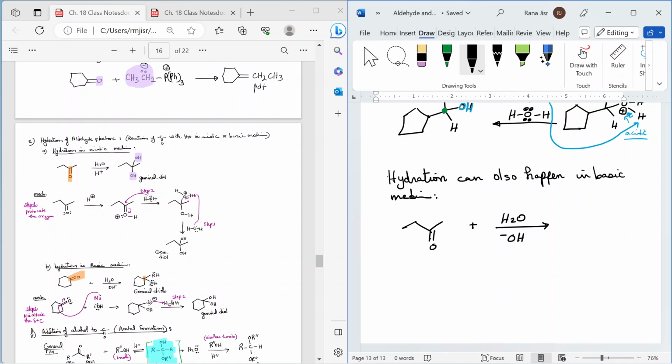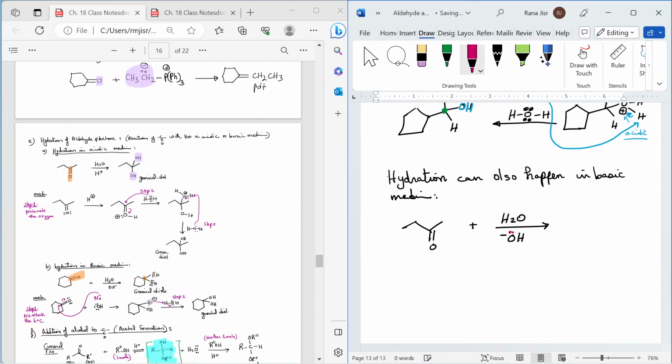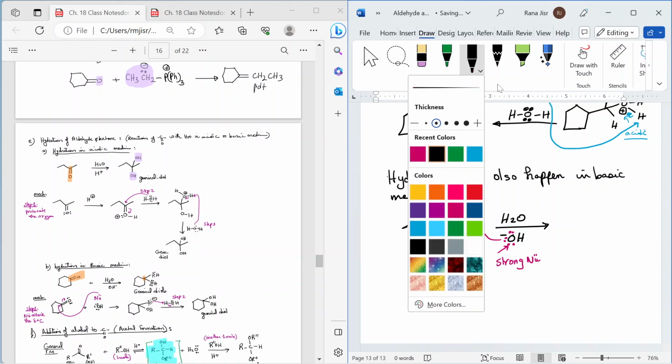The products are going to be the same, but the mechanism is going to be different because now what I have is my nucleophile in there, and that one is a strong nucleophile. So it doesn't need anything. That strong nucleophile is strong enough to attack that partial positive carbon in there. So it's going to come and attack in the usual strong nucleophile mechanism that we've talked about earlier, and form a negative charge on the oxygen.